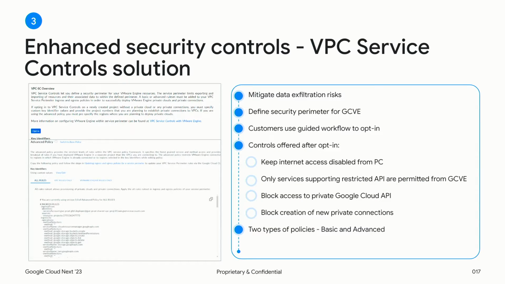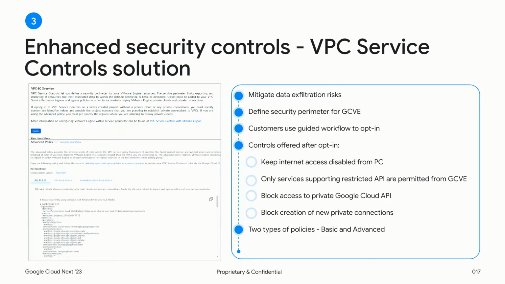So now I'm going to talk about 3 things that address the security aspect that I talked about, right? The security is paramount in the cloud. And the first of these is what we call VPC Service Control solutions, where the policy you can set is that I don't want any exfiltration, meaning no outgoing internet connection from my environment, so that the environment's secure.